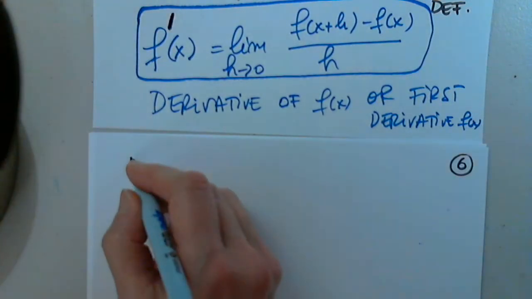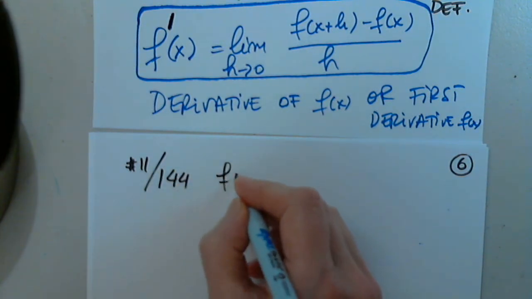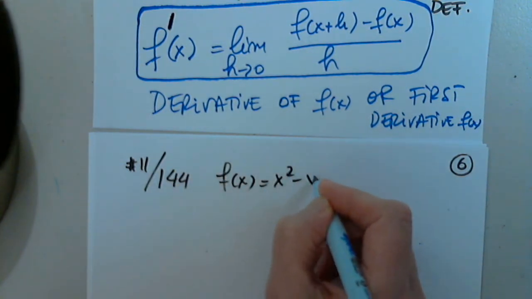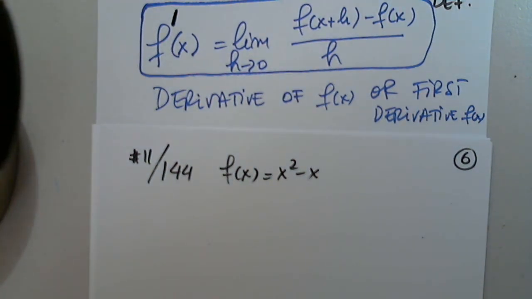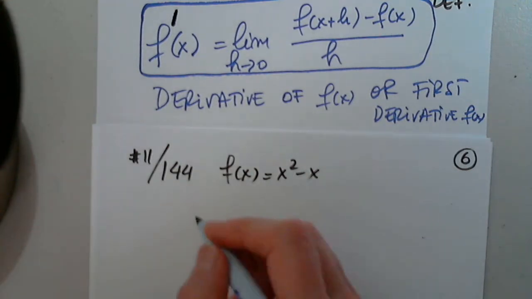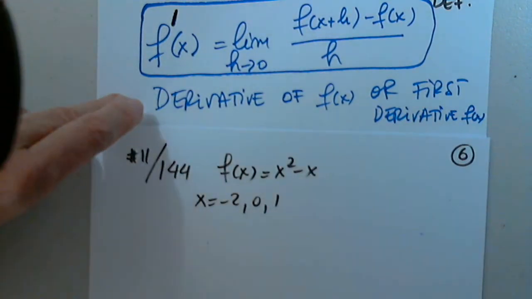Okay, so let's look at number 11 on page 144. f of x equals x squared minus x. It says graph the function, draw the lines tangent to the graph at the points with coordinates x equals -2, 0, and 1.